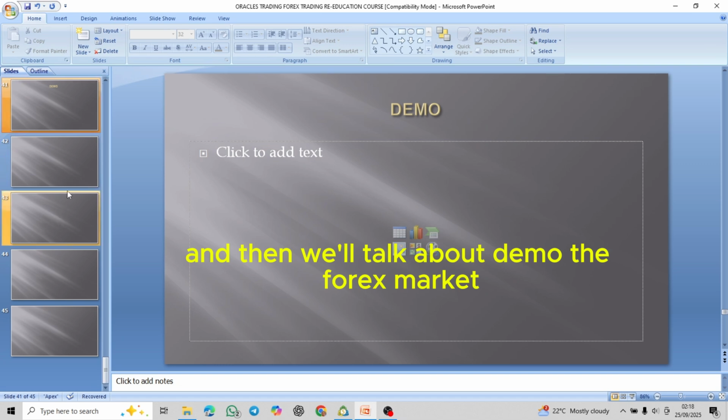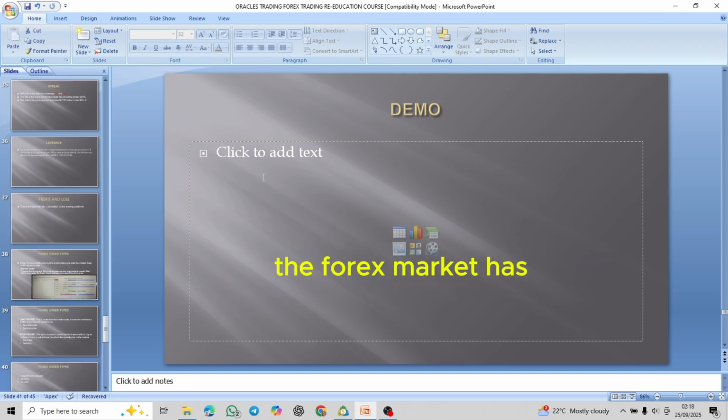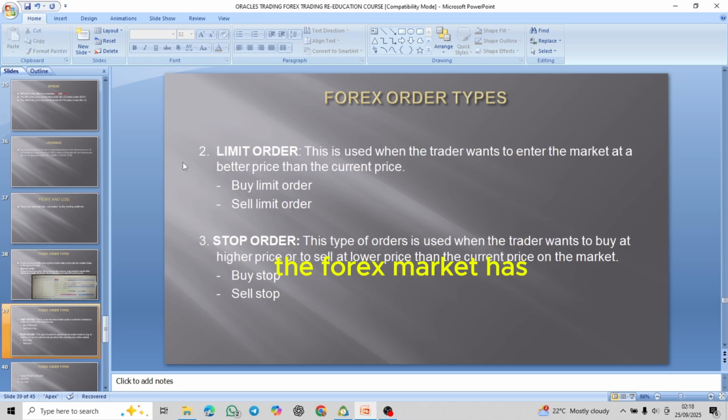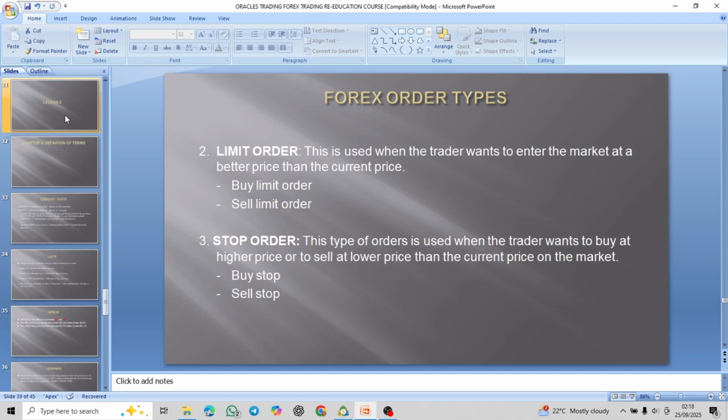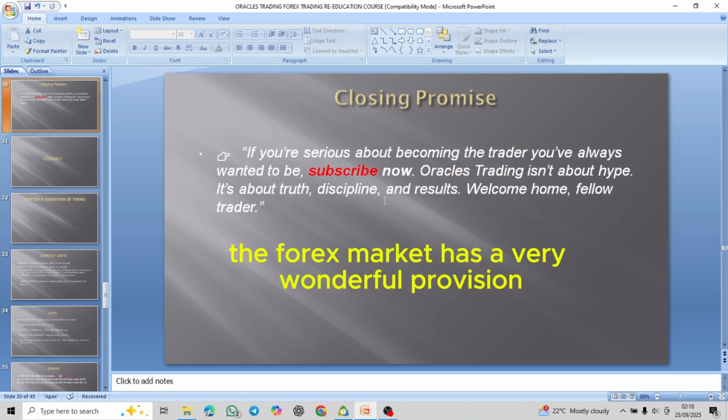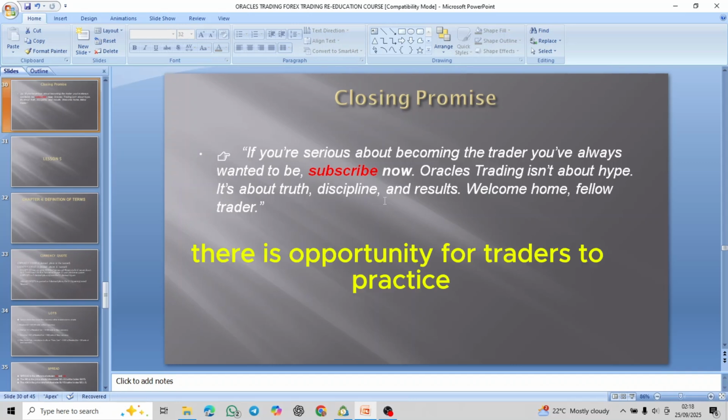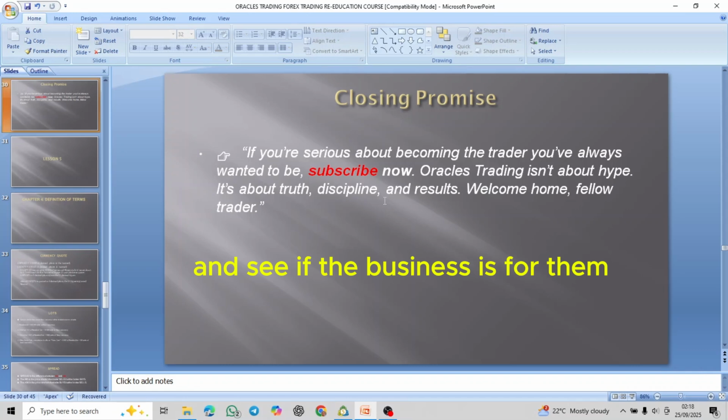The forex market has a very wonderful provision. There is opportunity for traders to practice and see if the business is for them.